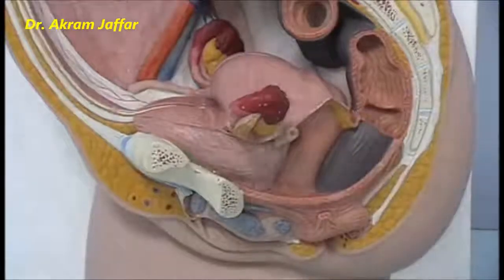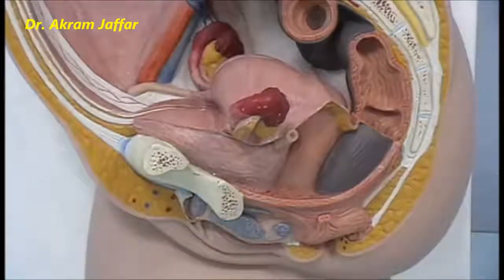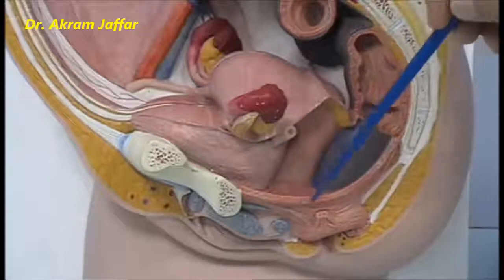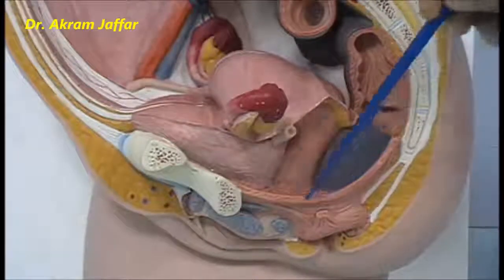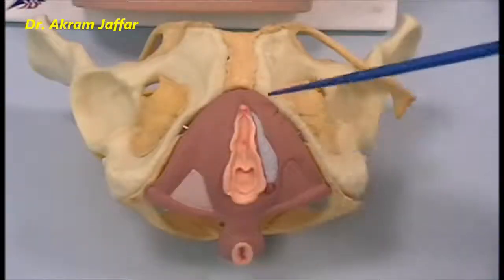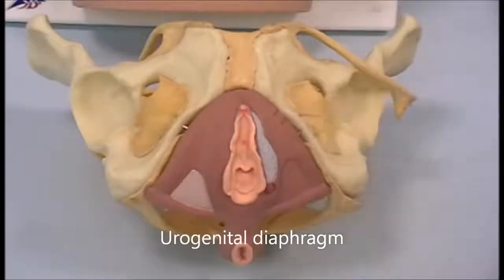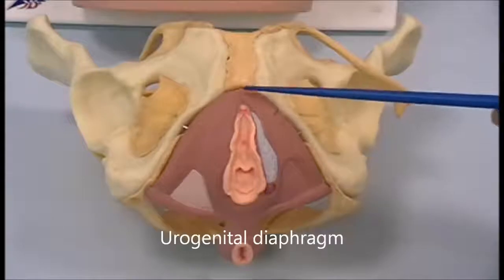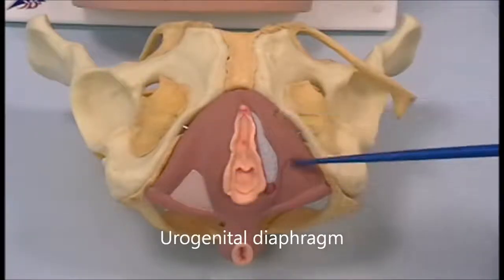Let me show you again the pelvic diaphragm. This is the pelvic diaphragm here, which is formed by levator ani and coccygeus muscles. This is the region of the urogenital diaphragm, and it is triangular in shape, as you can see here.